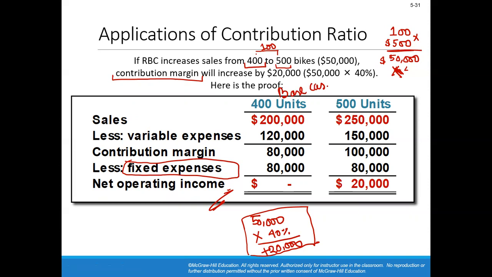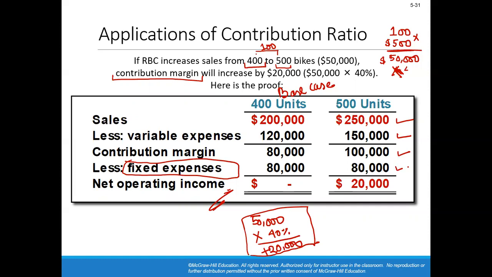And what is happening here, our sales units have increased from 400 to 500 units. For this one, we have sales value of 500 multiplied by 500. Then we subtract variable expenses, which is 500 multiplied by 300 per unit, and we get a contribution margin of 100,000.